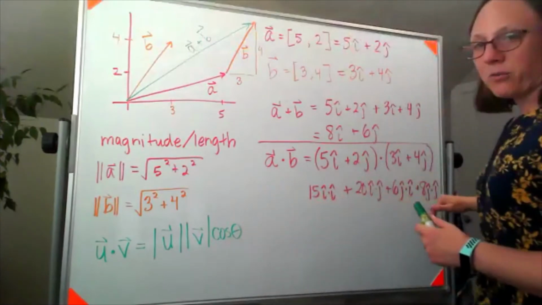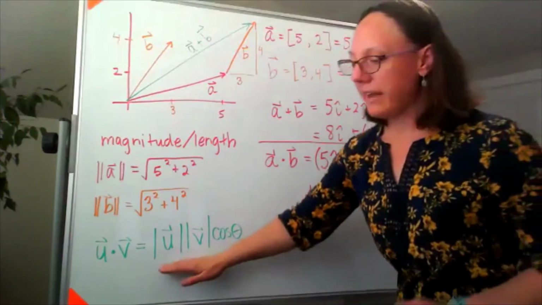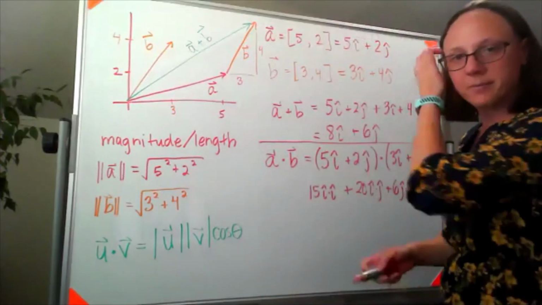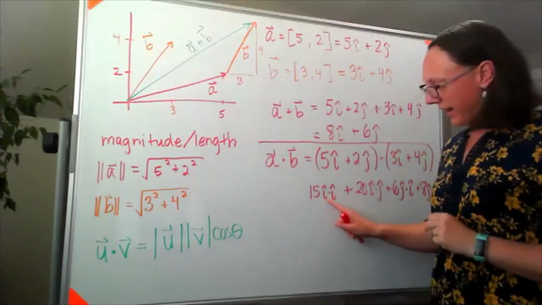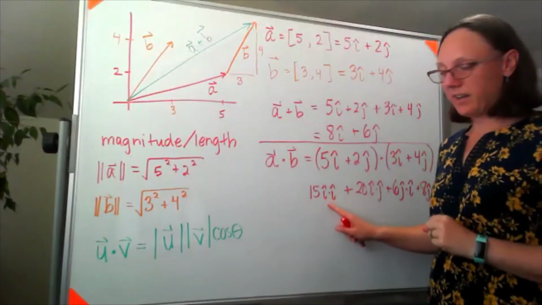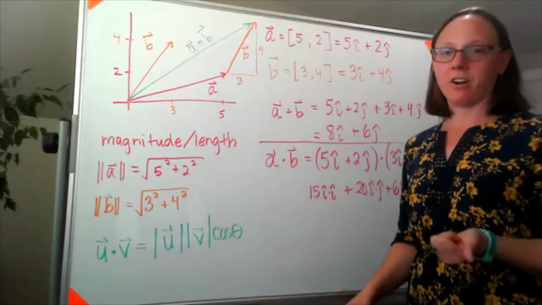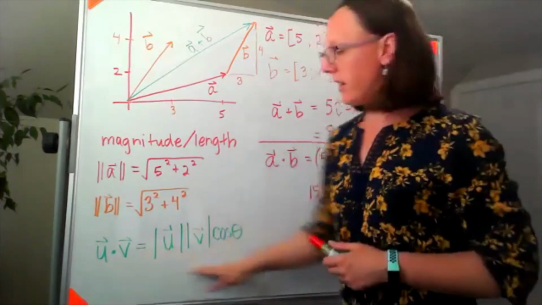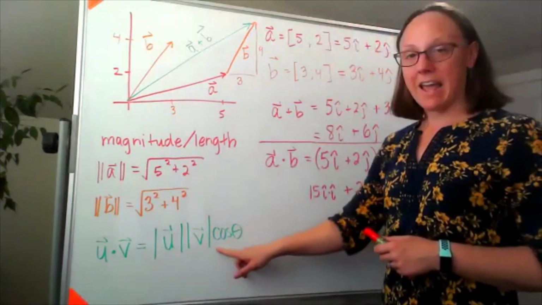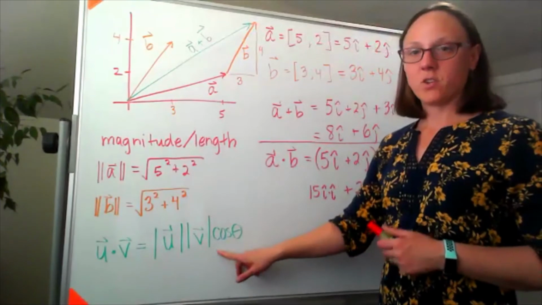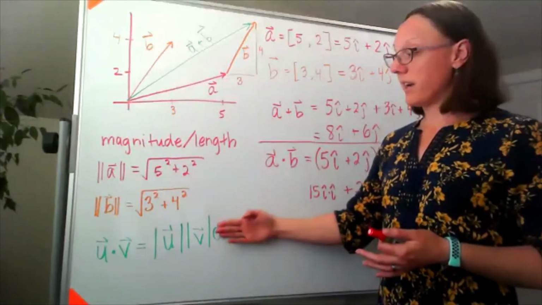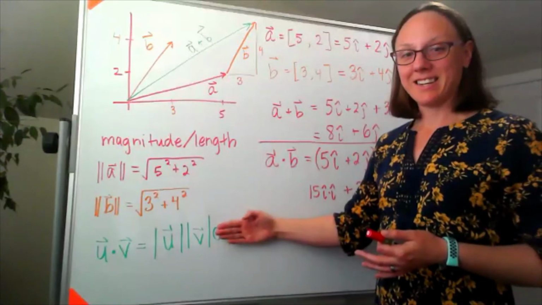Well, if I come back over here and I think about this definition for the dot product, I dotted with I, well, that's the same vector. So if I dot a vector with itself, thinking about this notation-wise, the angle between them is 0. So cosine of 0 is 1. And we're kind of ignoring this piece.